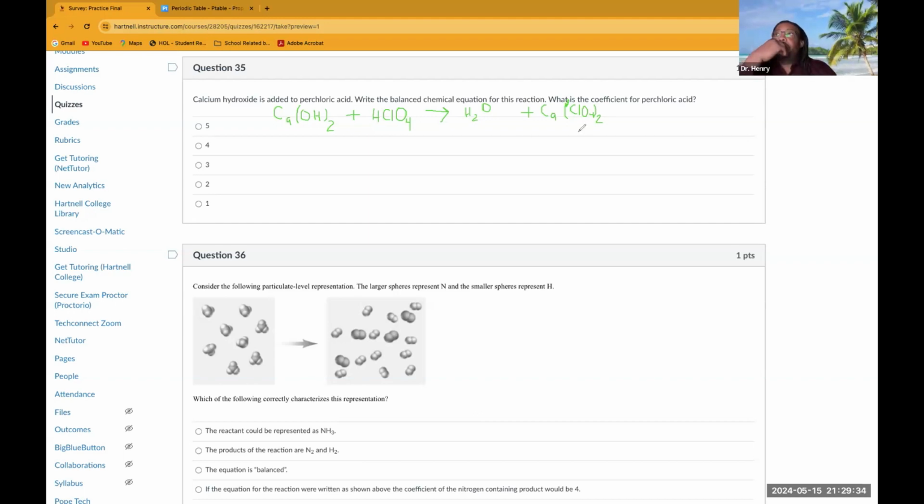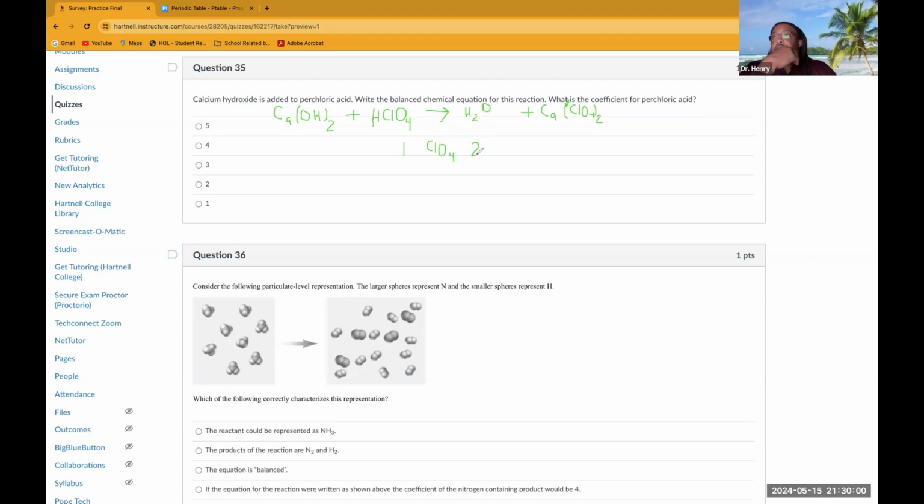How many perchlorates do we have on our reactant side? 1. On our product side, 2.